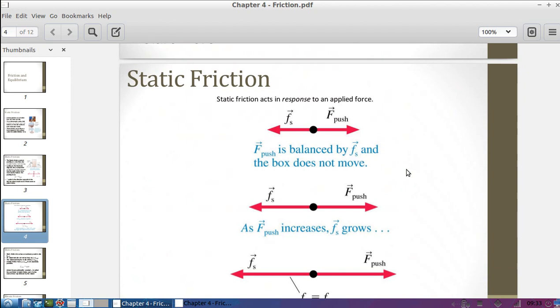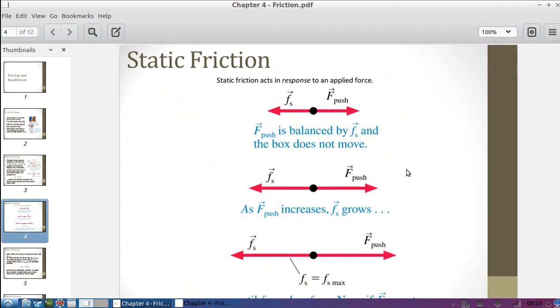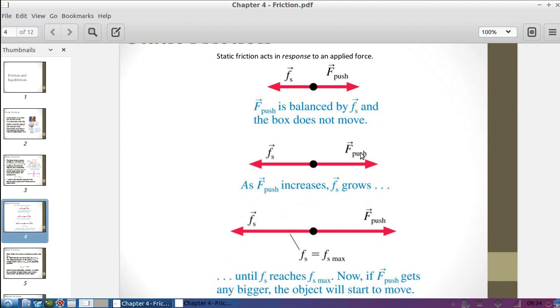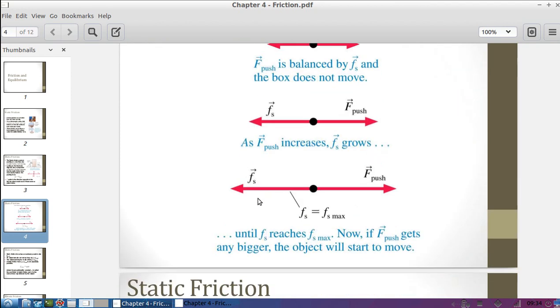So static friction is actually not a constant force. You apply a little bit of force on, say, a dresser or a heavy crate, and that static friction is going to grow. It's going to be larger and larger as you apply a greater force. But then eventually, your applied force will overcome the static friction force and the object will accelerate.